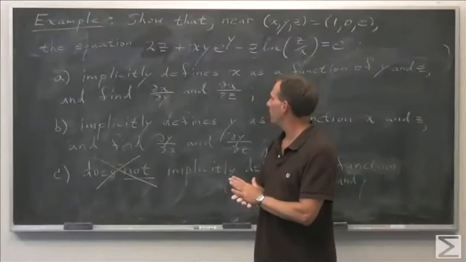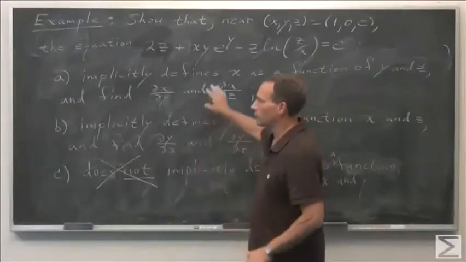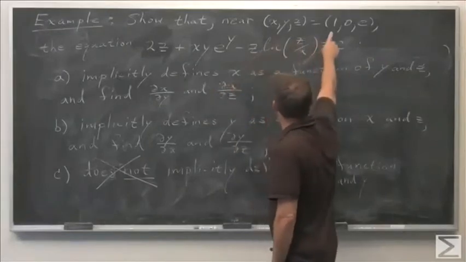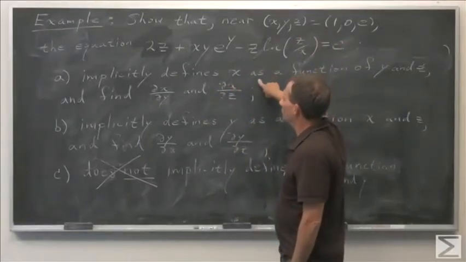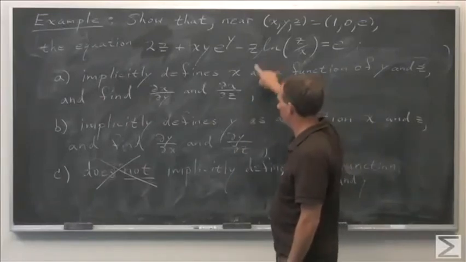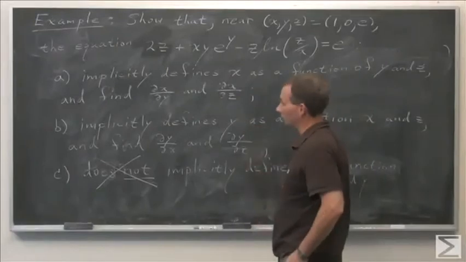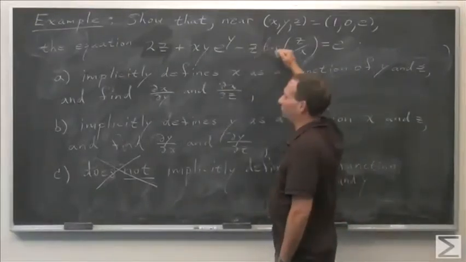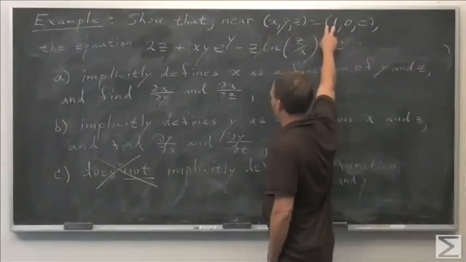The corresponding partial derivatives, partial of g with respect to x is not 0 at that point. So yes, this equation implicitly defines x as a function of y and z. And this equation implicitly defines y as a function of x and z because the partial derivative with respect to y is not 0 at this point.